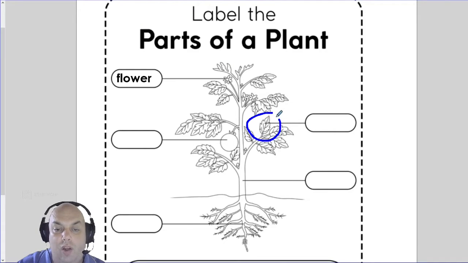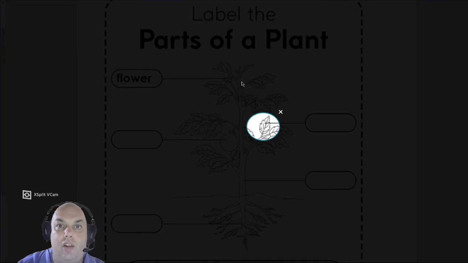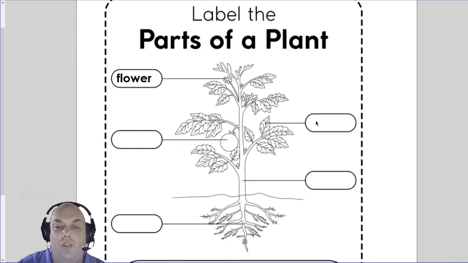Okay, now let's go to the next part of the plant. We're going to have a look at this part over here. This part of the plant is the leaf. Very good. It is the leaf. Alright, now let's write leaf. L-E-A-F. Leaf. Okay, very good. That brings us to the next part, which is this one over here.